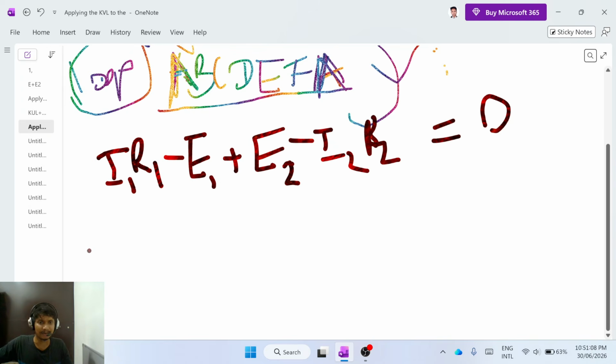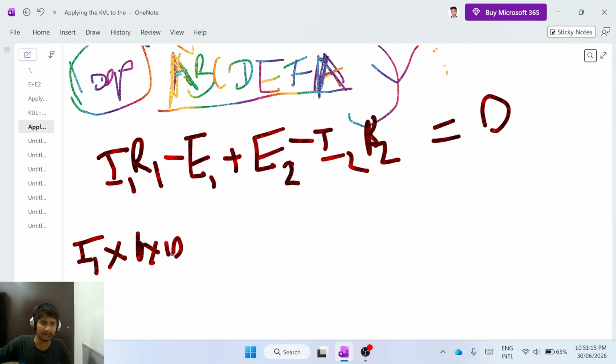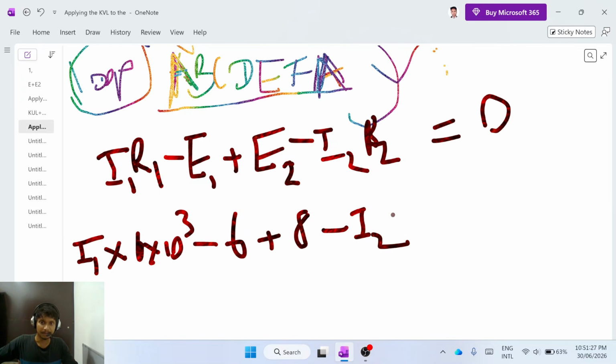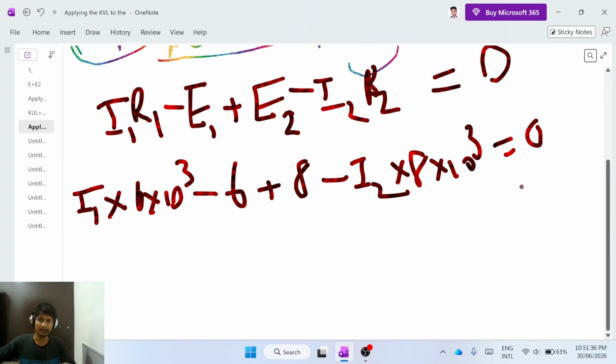Now we substitute the values. R1 is 6 into 10 to the power 3, minus E1 is minus 6, plus E2 is 8, minus I2 into R2, where R2 is 8 kilo ohm, therefore 8 into 10 to the power 3 ohm, which is equal to 0.